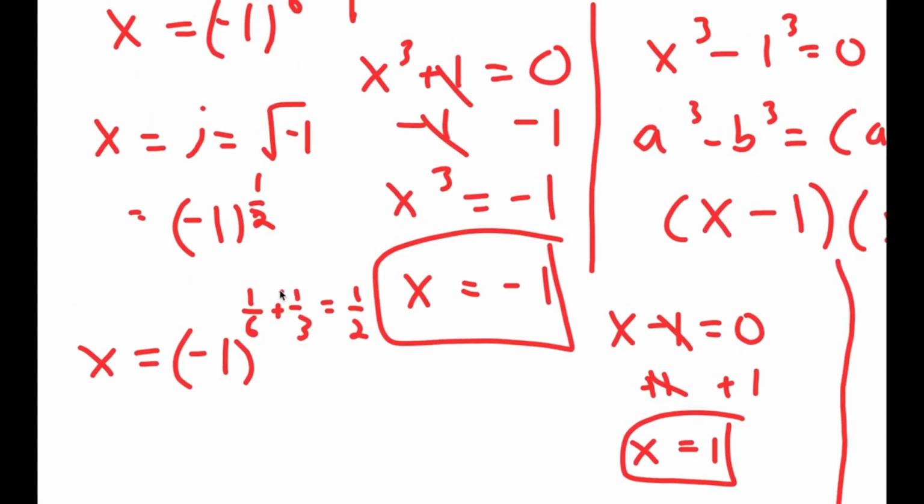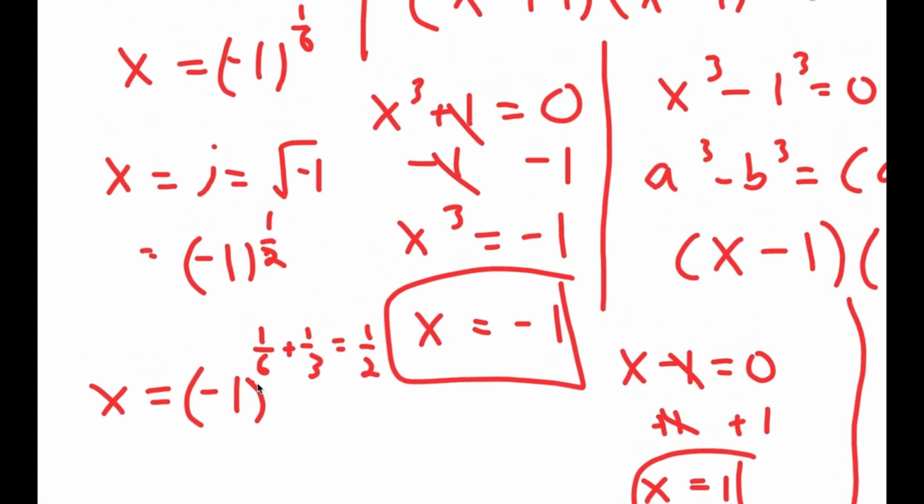We know this, meaning we have negative 1 to the power of 1 over 6, or sorry, 1 over 2 minus 1 over 3 is what we can rewrite 1 over 6 as.